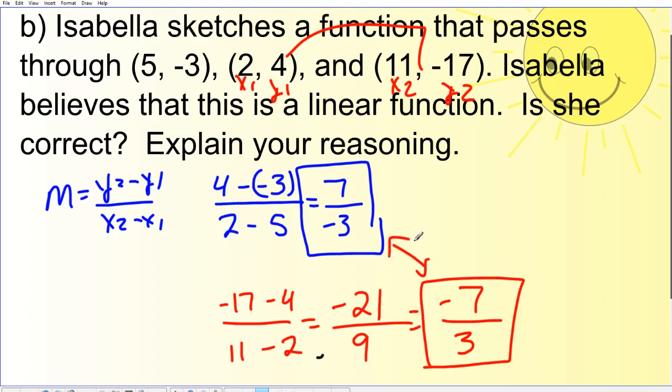Well, would you look at that? We got the same slope. So since we got the same slope, this is linear. Same slope. And there's all my work to prove it. So the slope is the same everywhere, which means this is a linear function. So is she correct? Yes, Isabella is correct.